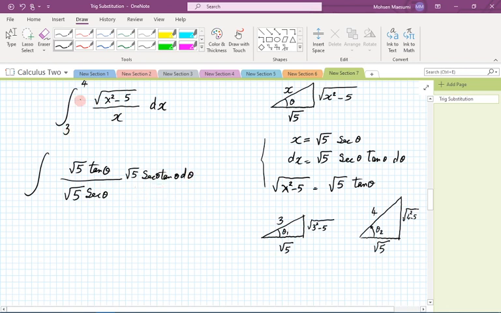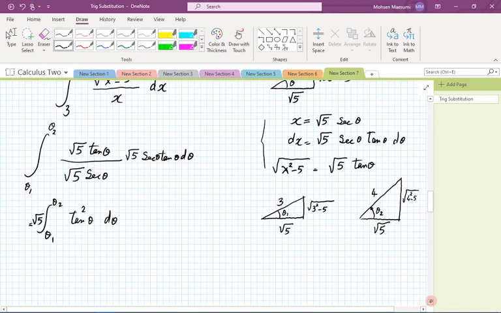Now these two numbers can be replaced by whatever angle number 1 is and whatever angle number 2 is. So we are going from here to here. Then I clean up. Radical 5, radical 5, radical 5. One of them survives. Secant cancels. I have tan squared d theta.